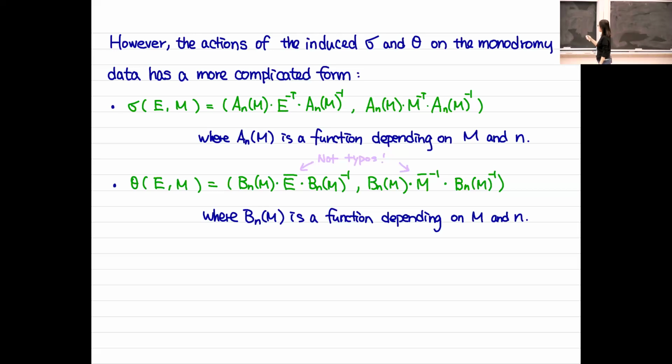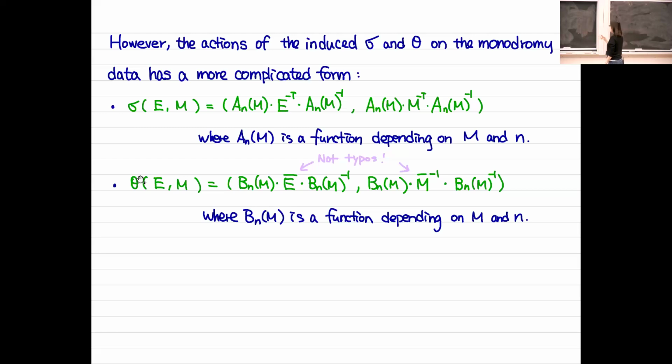And so now the theta and sigma has this more complicated form. So the E and M have to do something themselves, but then they have to conjugate it by a function. So this thing would depend on M. So depending on where you apply this, the A_M will change, as well as the B_M.